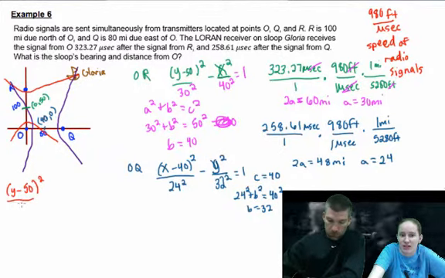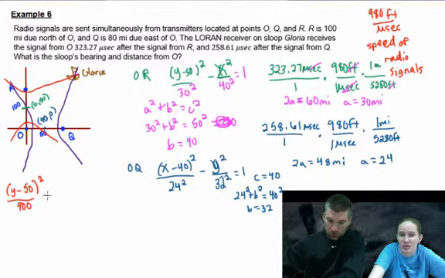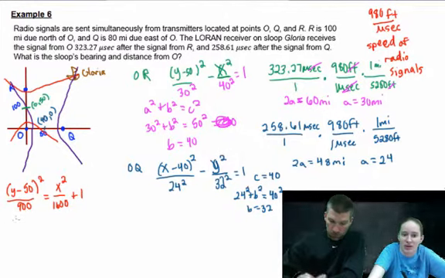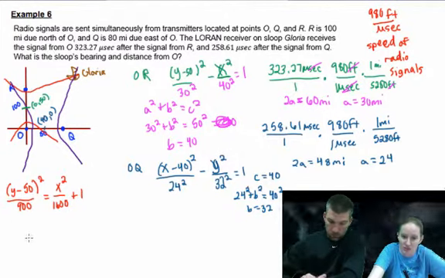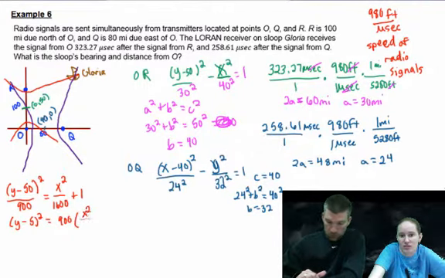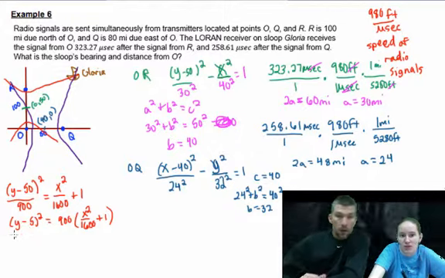Solving for y, I'll just make that 900. So you'd add the x squared over 1600 to the right side. You'd multiply by 900, then square root, then add 5. So y minus 5 squared equals 900 times x squared over 1600 plus 1. And then square root both sides.